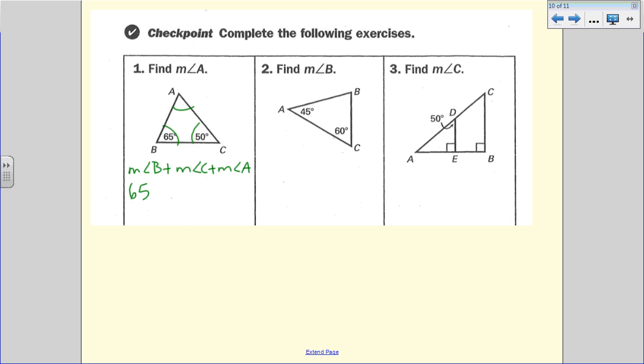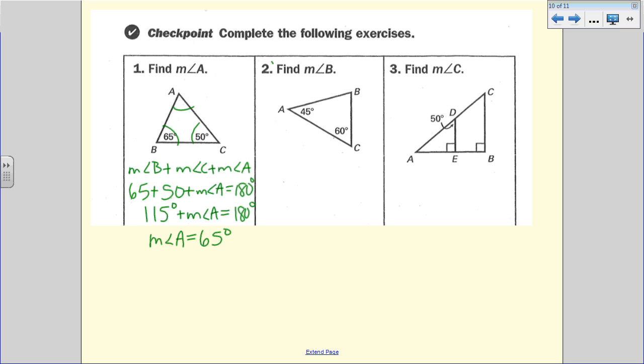So 65 plus 50 plus the measure of angle A equals 180. We can do our simplifying. 115 degrees plus the measure of angle A is equal to 180 degrees. And so we're going to get the measure of angle A is equal to 65 degrees.